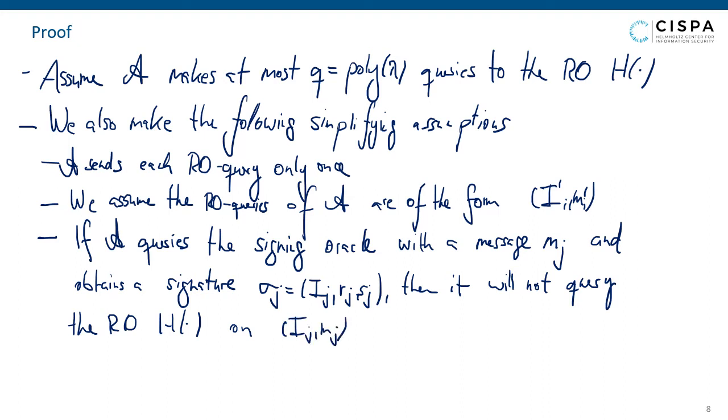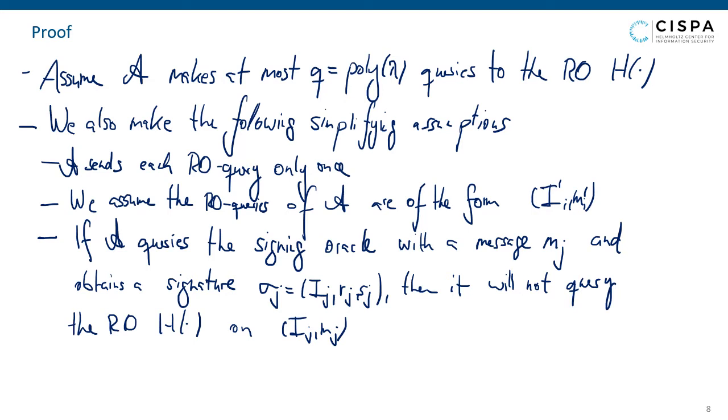Why? Well, the signature sigma j contains rj, which is the output of the random oracle. So in effect, if A obtains a signature on mj, it kind of has queried the random oracle already on ij, mj, right? Or it can just remember ij, mj as the input to the random oracle, which leads to rj. So there's no need, in fact, that A queries the random oracle on this input.